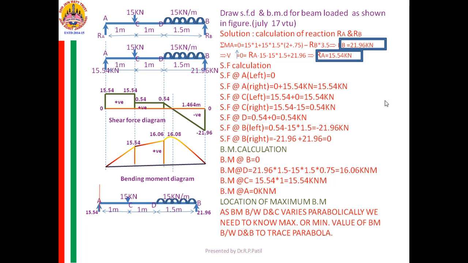For that, I am in need of the maximum or minimum value of the bending moment in between D and B. Already we know that F is equal to dM by dx. The shear force is equal to the rate of change of bending moment.